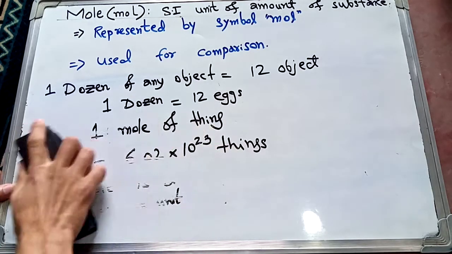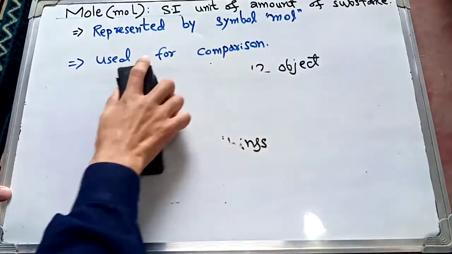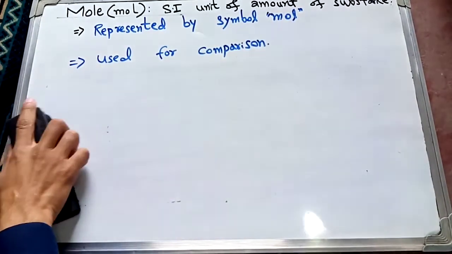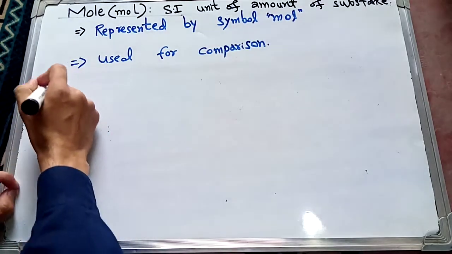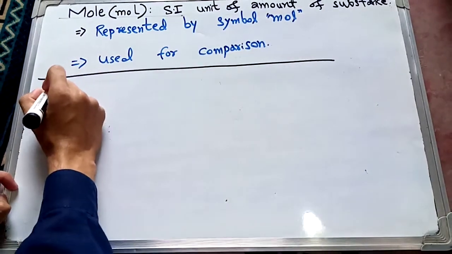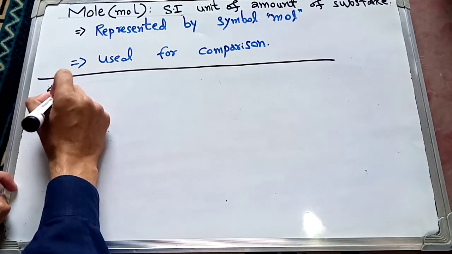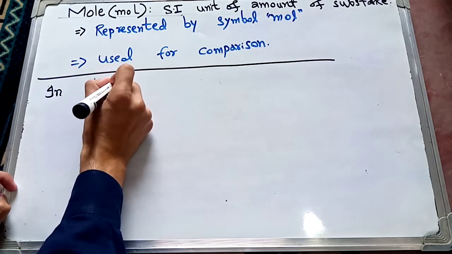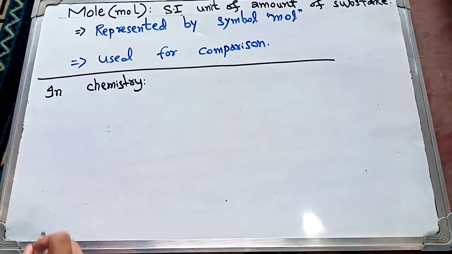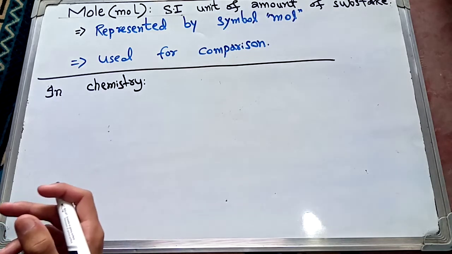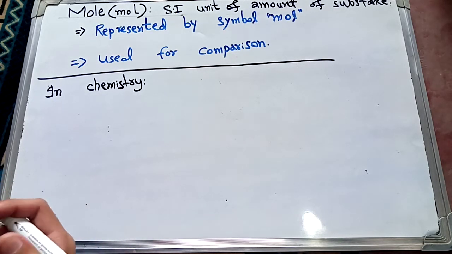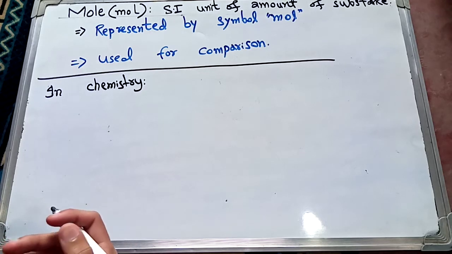Now let's proceed to study the concept of mole in chemistry itself. Now in chemistry, mole is used to express amount of substances like elements, compounds, ionic compounds, covalent compounds, etc. In chemistry, we see that any type of matter, any substance is made up of particles, right?